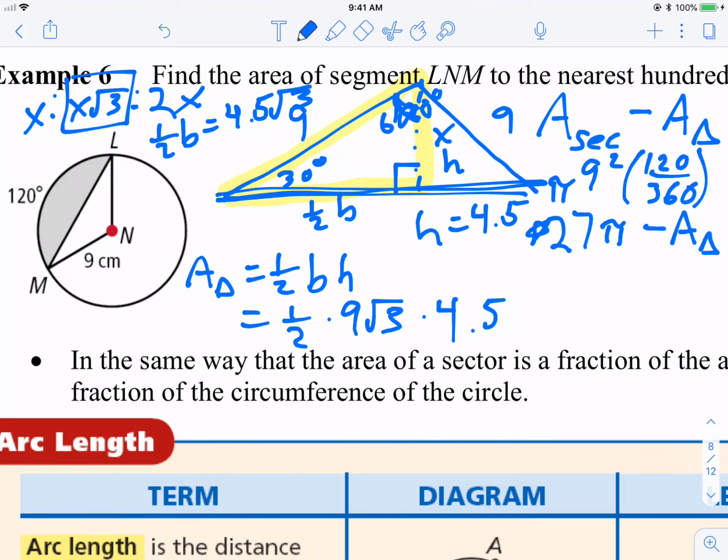And this is probably where you want to go to the calculator and type this in carefully. We're going to do 27 times pi minus 1/2 times 9 times the square root of 3 times 4.5. And just let the calculator take care of this, and our final answer, rounded to the nearest hundredth, we get about 49.75. And this would be in square centimeters.